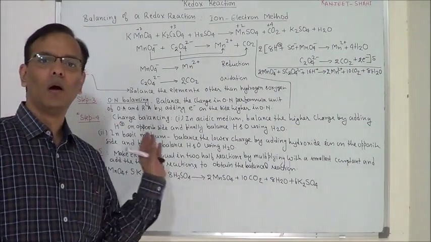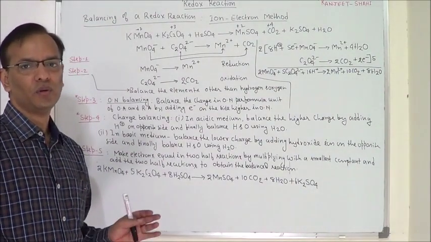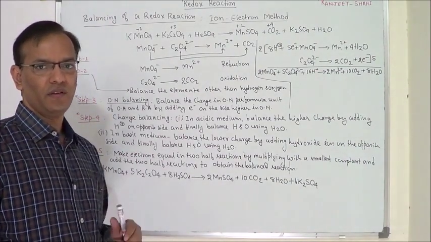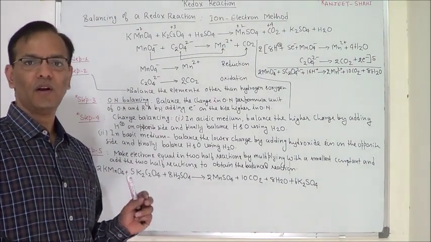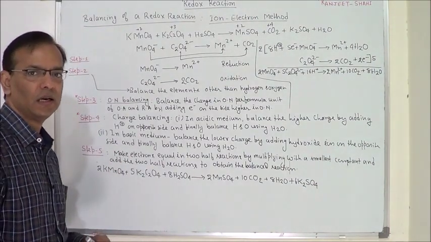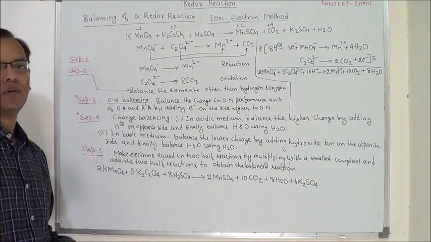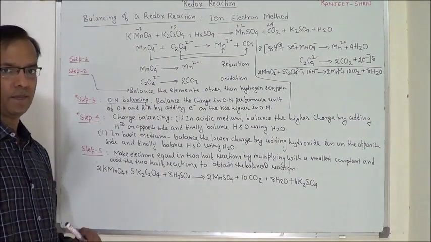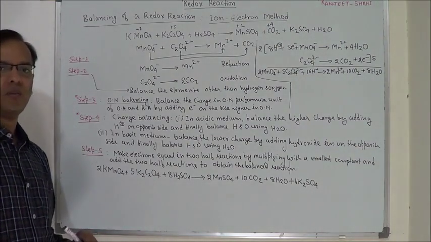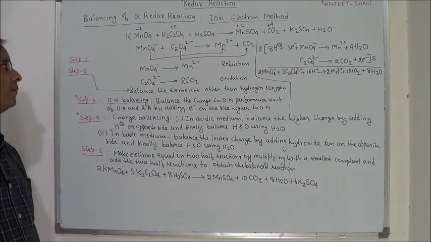We need to do a lot of practice, then only we'll be able to balance a redox reaction with confidence. And I must remind you what the objective of this redox reaction is. You will be asked how many moles of potassium oxalate can be oxidized by 1 mole of potassium permanganate in acidic medium.